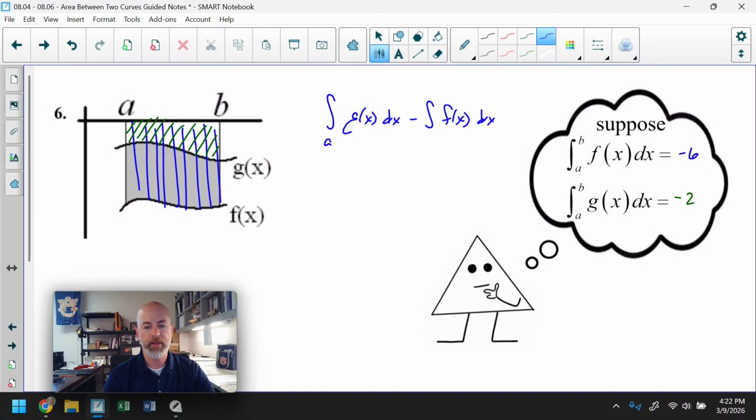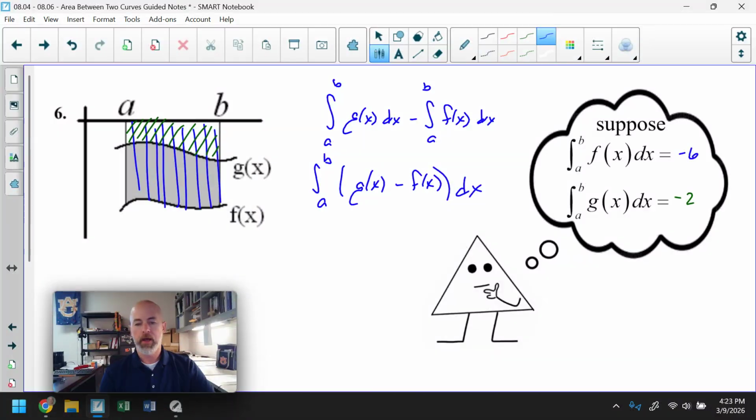And those are from a to b. The limits of integration are part of the setup, which once again, we can combine into a single, nice, clean antiderivative of g of x minus f of x dx. And there is your setup for when both curves are below the x-axis.